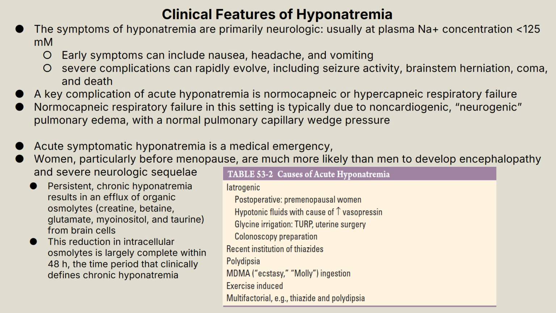Acute symptomatic hyponatremia is a medical emergency. Women, particularly before menopause, are much more likely than men to develop encephalopathy and severe neurological sequelae.